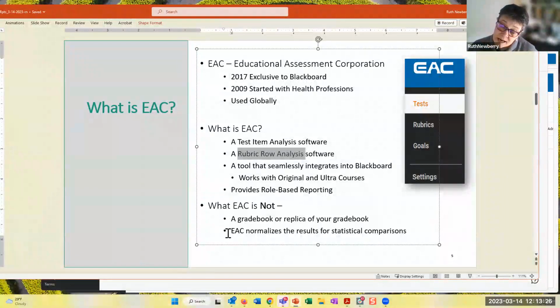So EAC does what most statistics require, and that is it has to normalize some of the data. So for instance, if I have a rubric in my course that is worth 50 points because each of the 5 rows is worth 10 points, in EAC, we are going to make each row 1 point.